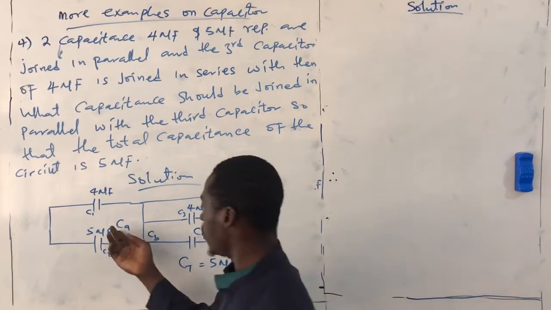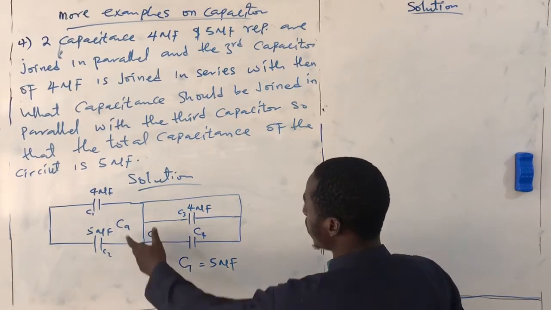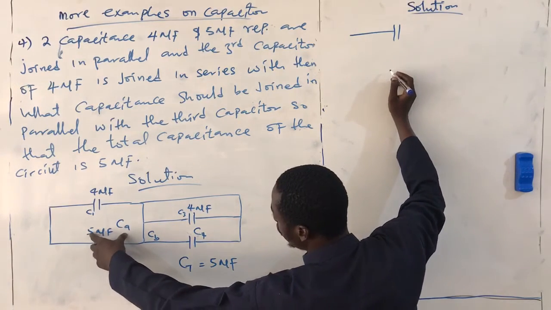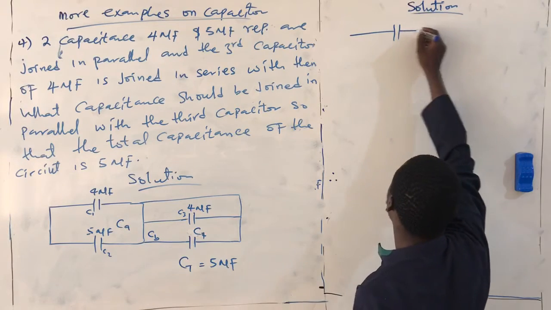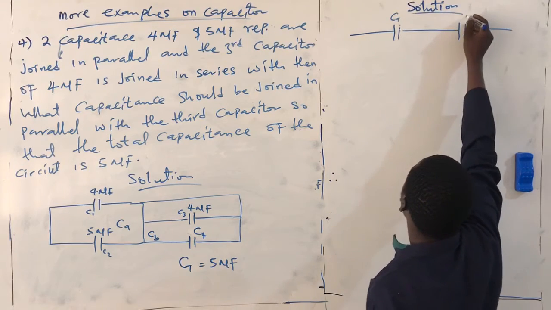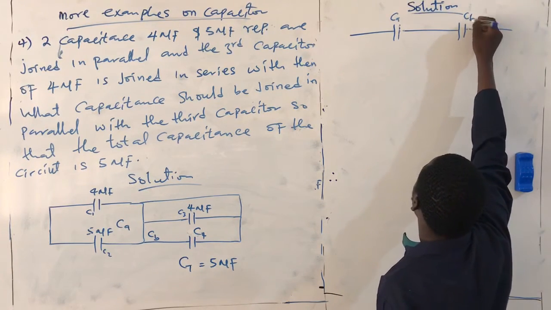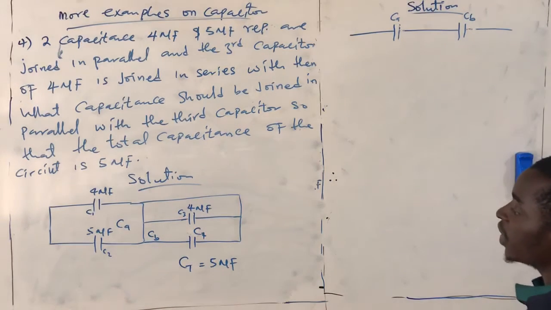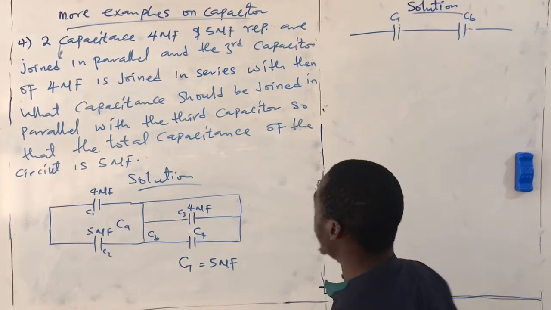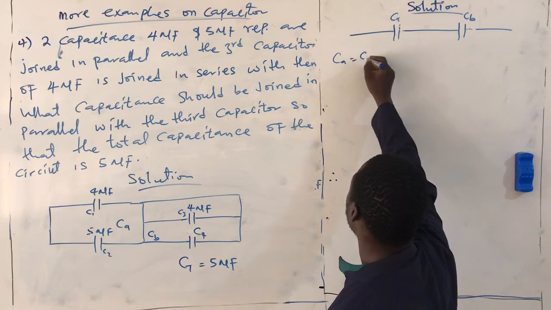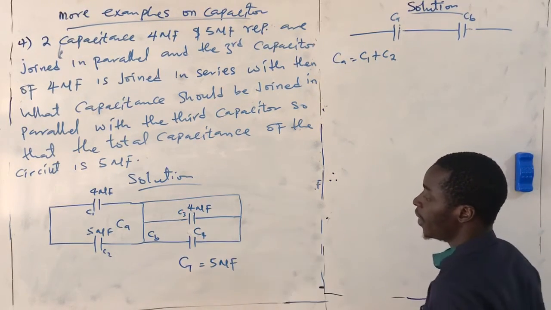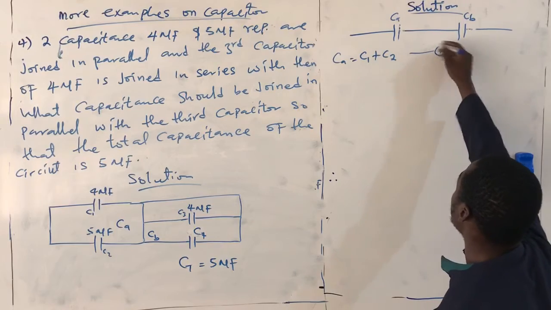Now, since this thing will be in this form, when we find the parallel combination of this and the parallel combination of this, we are going to have CA and CB, which are now connected in series. For CA, CA is equal to C1 plus C2, let's say this is equation 1.